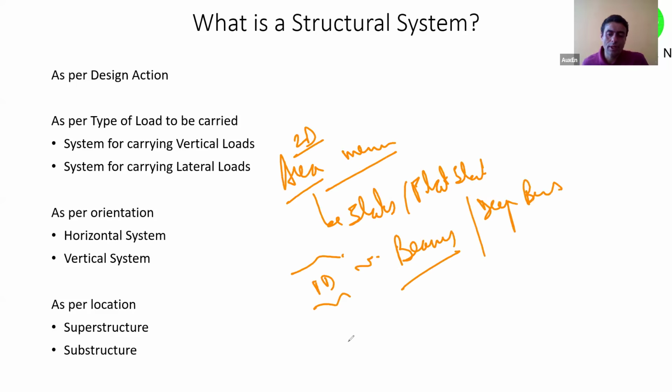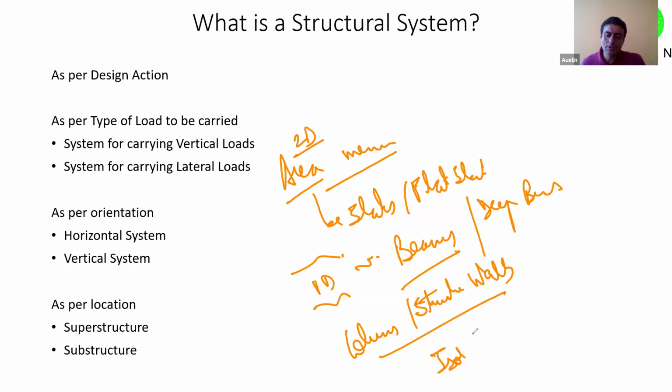The members for taking vertical loads, we will be focusing more on the design of columns and structural walls. And for our substructure, we'll be talking about the different types of substructure that we will be discussing: isolated or combined or raft or pile caps.